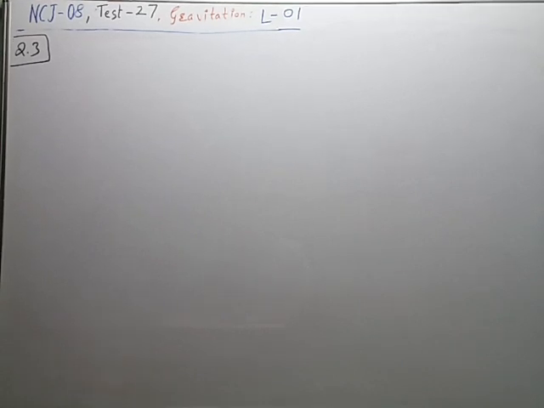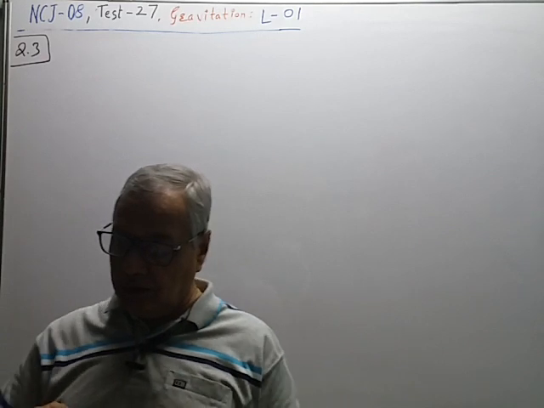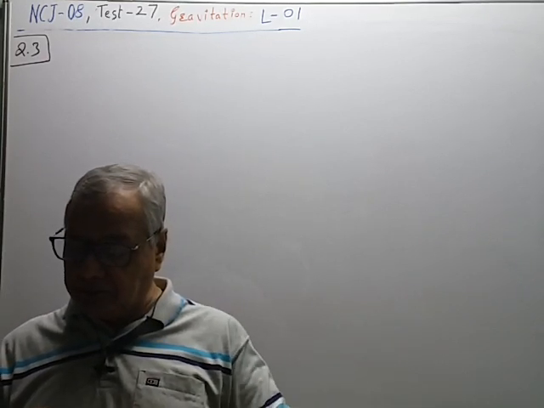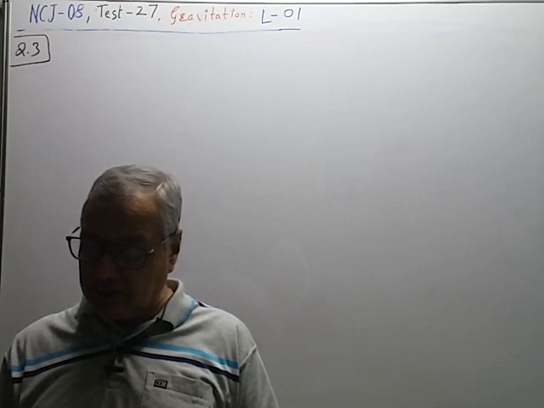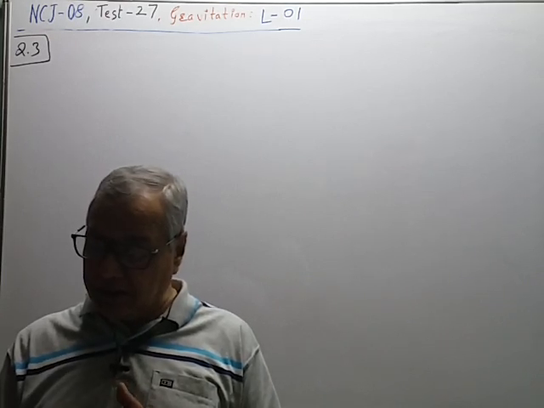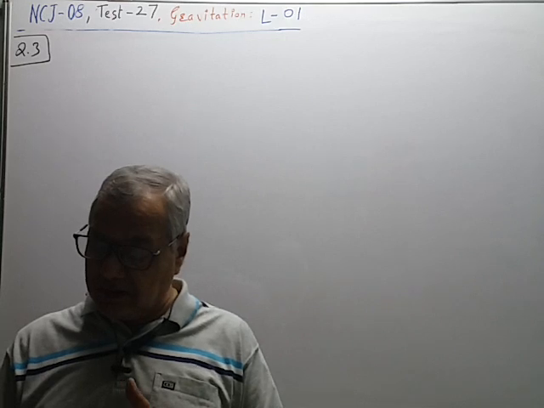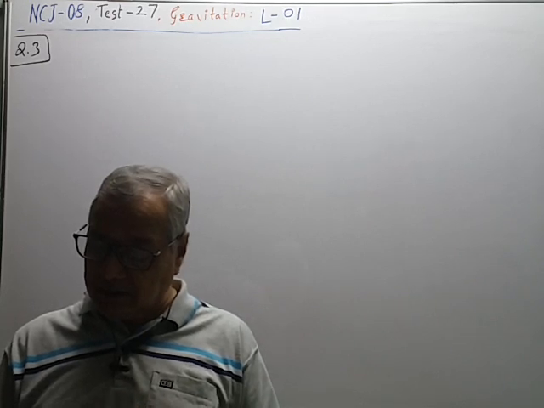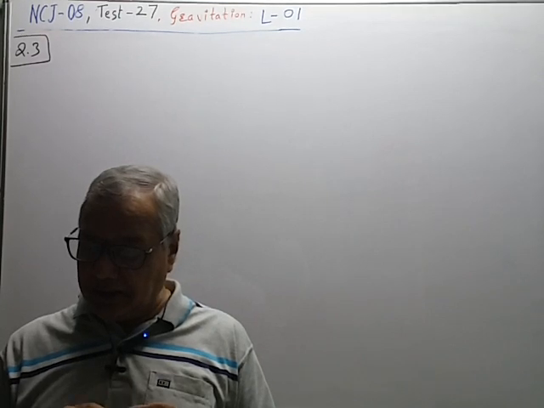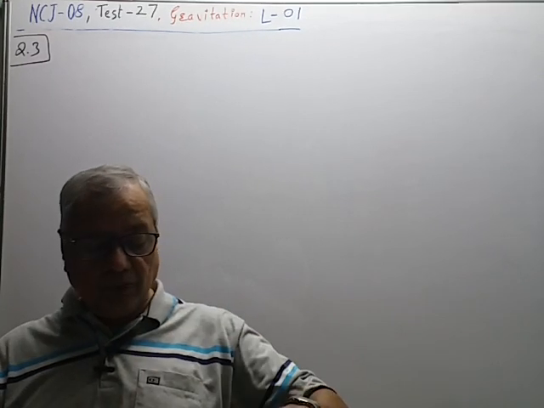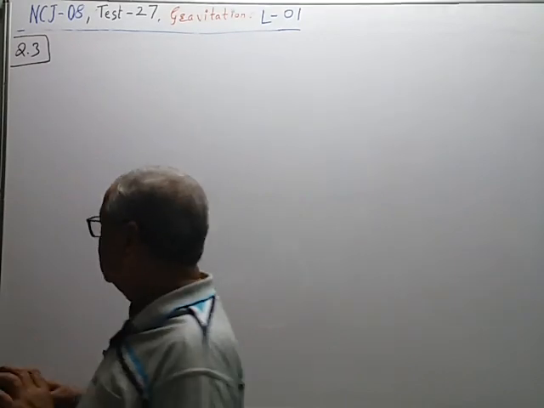Next, question number 3. If the density of a small planet is same as that of the Earth, while the radius of the planet is 0.2 times that of the Earth, the gravitational acceleration on the surface of the planet is. So the given quantity is like this.